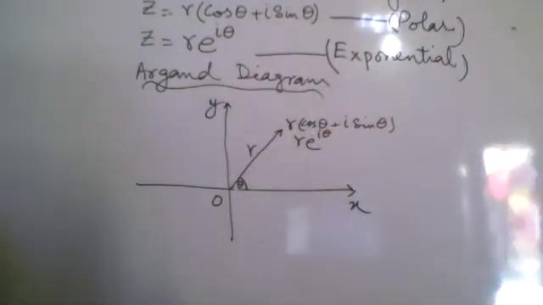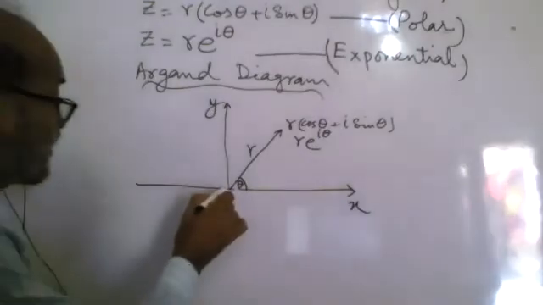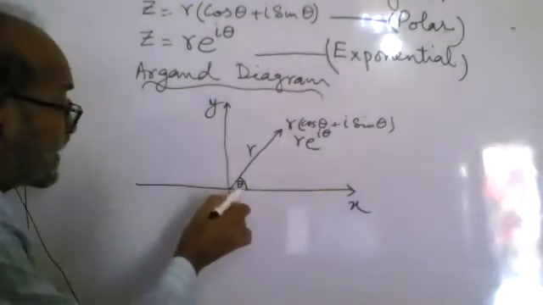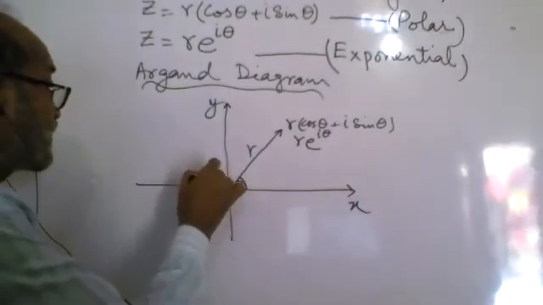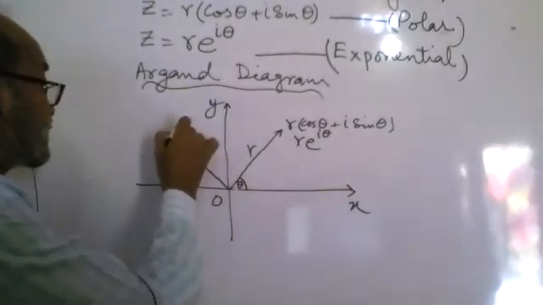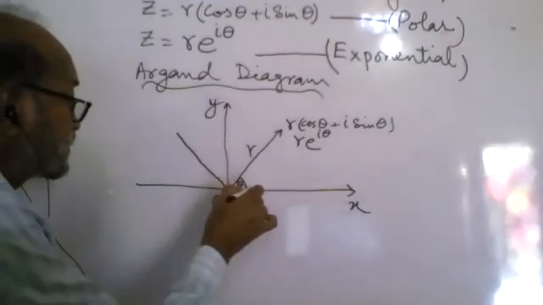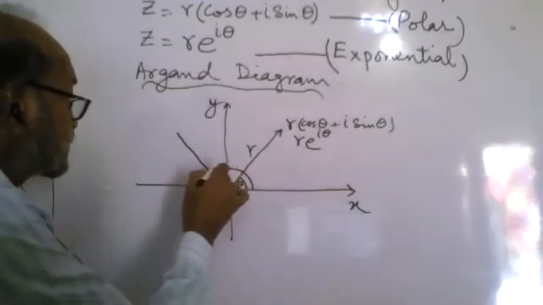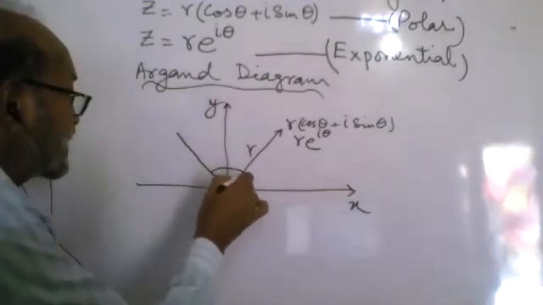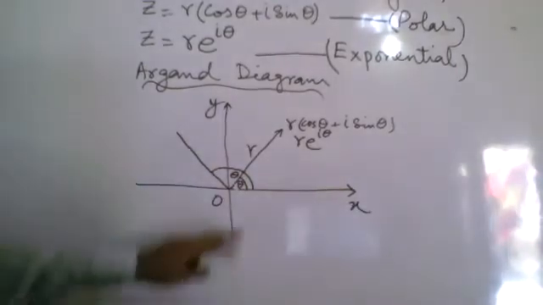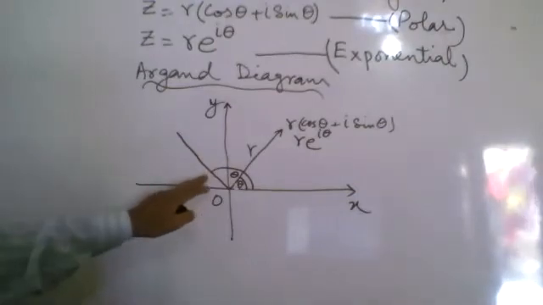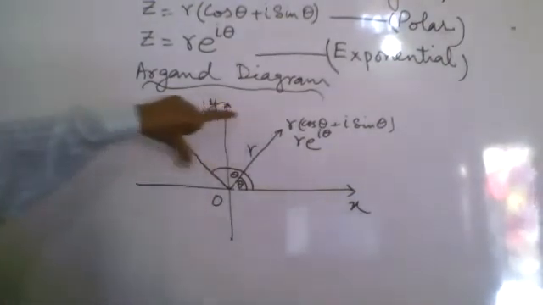If the angle is more than 90 degree but less than 180 degree, the angle will be over there. Put the D over there, measure the angle, it may come over there. This is the angle, from here up to here. And the length of r, measure over there.